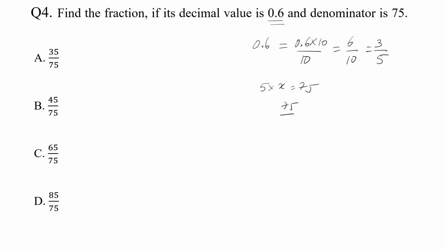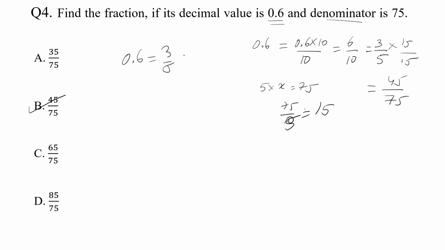So the answer is 45 by 75. You can write 0.6 as 3 by 5, or 6 by 10, or 45 by 75.